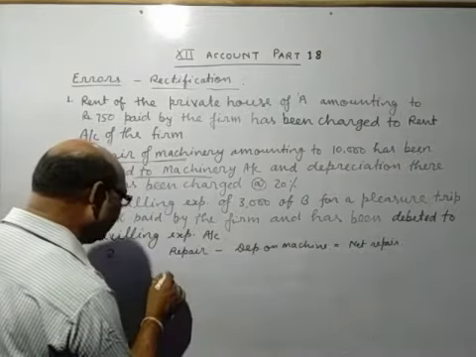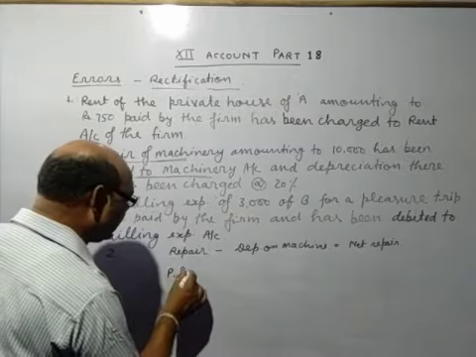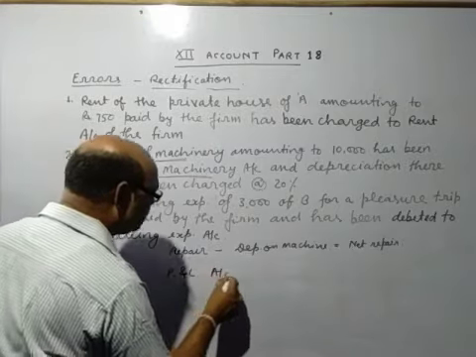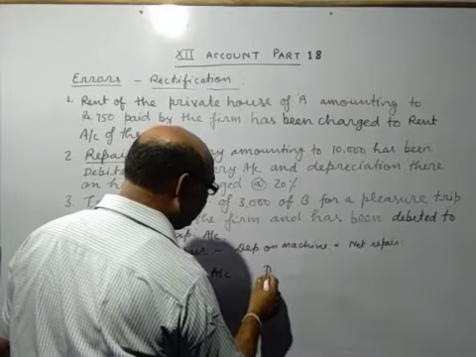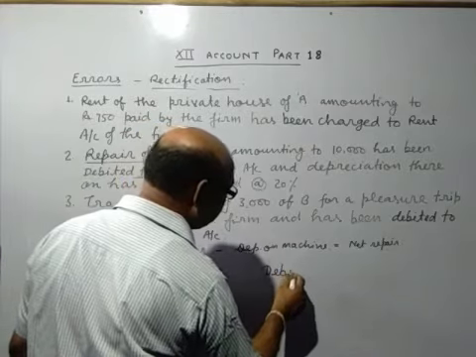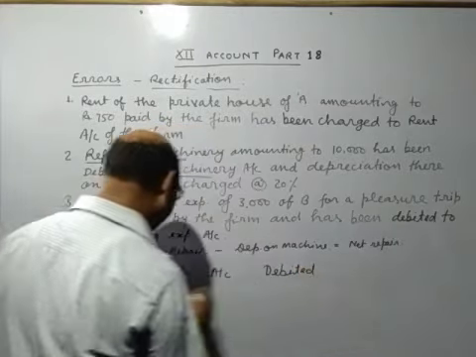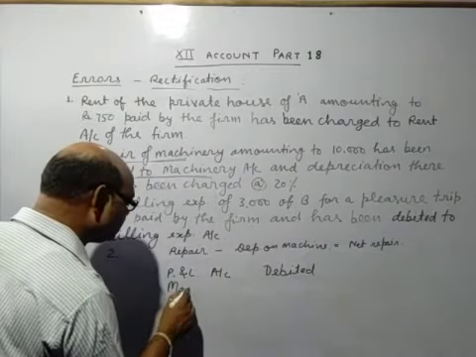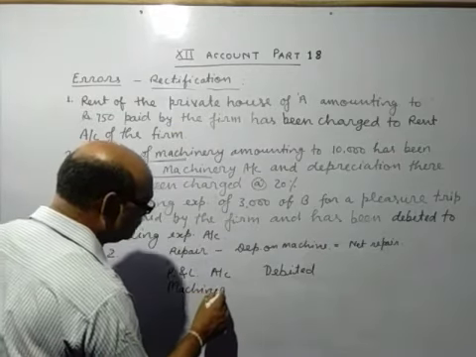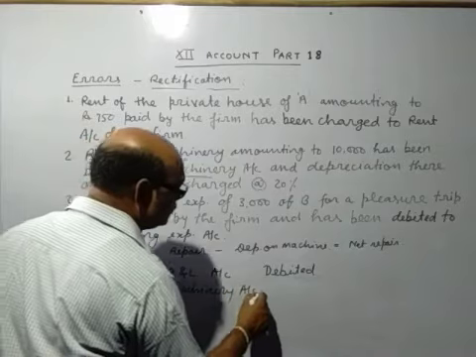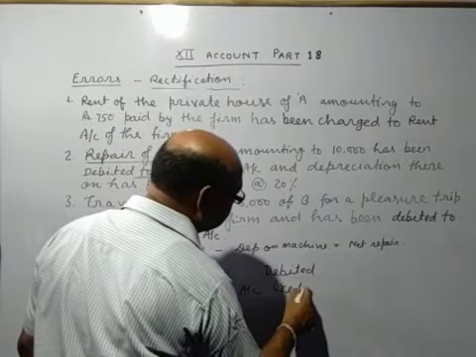So you will pass the entry: profit and loss account debited and machinery account credited.